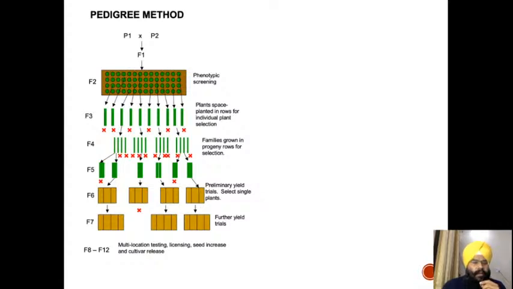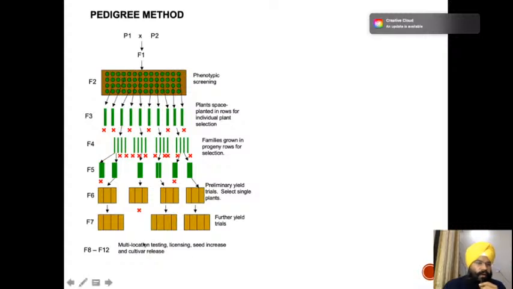Then we select single plants. Further yield trials are done to check. So by this, we go till F12, multi-location testing, licensing, seed increase, and cultivar release. So we keep checking until we have the things that you're looking for.